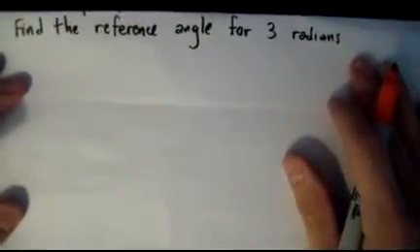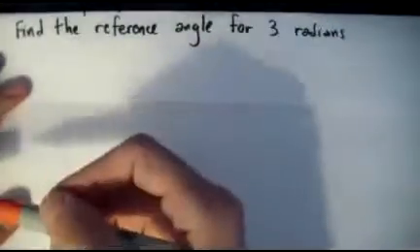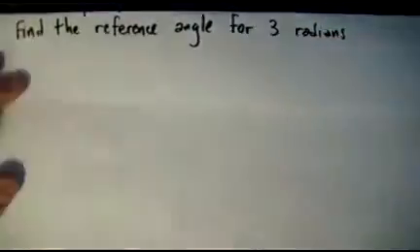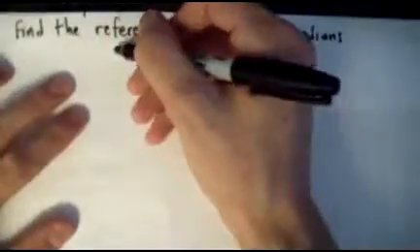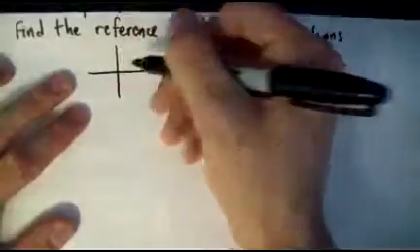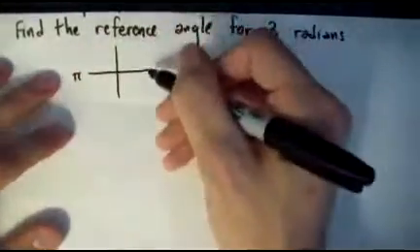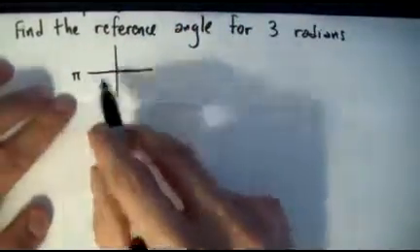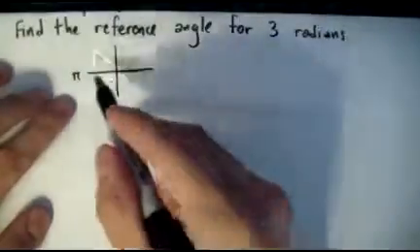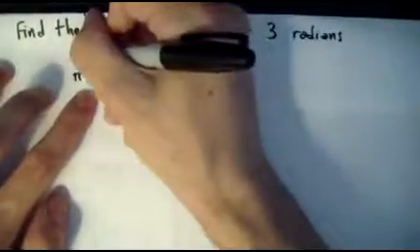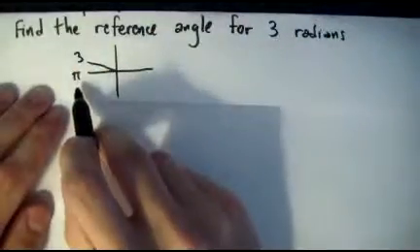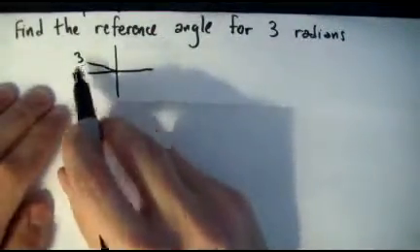So now we're asked to find the reference angle for 3 radians. Well, 3 radians is just a little bit less than pi. We know that pi is half a full rotation, so 3 radians is going to be just a little bit less than pi, somewhere over here. Again, pi is 3.14, so 3 is a little bit less.